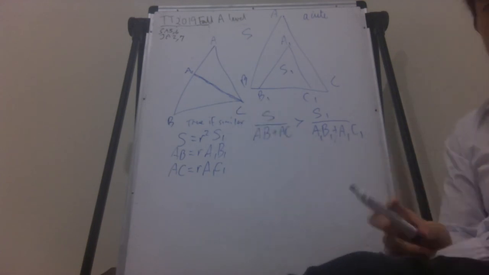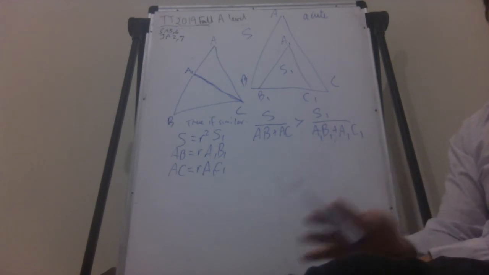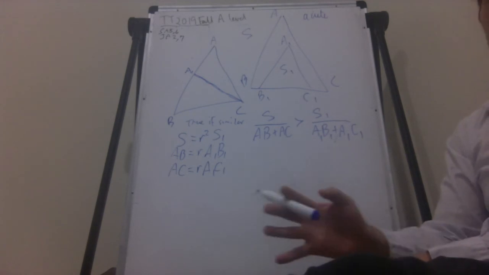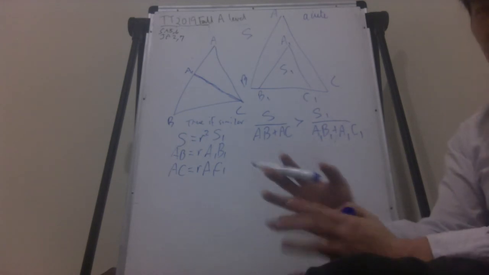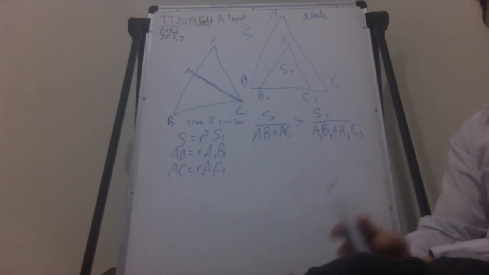Does that make sense? Okay, so there's a condition where A1 has to be inside the triangle, yeah? But I want to remove that condition. So I want to let A1 be anywhere as long as it's not the same triangle, okay?